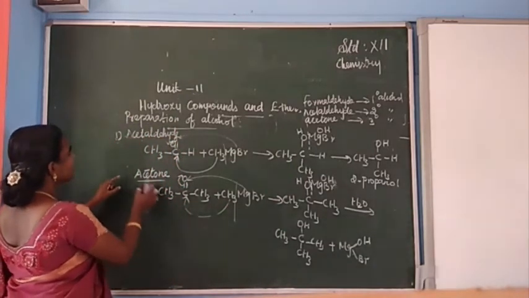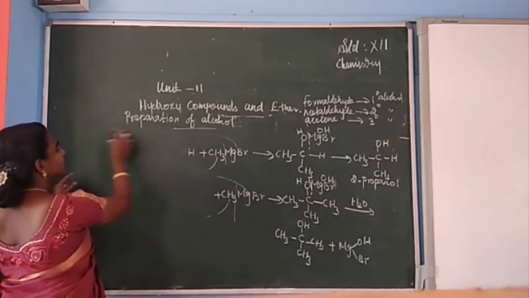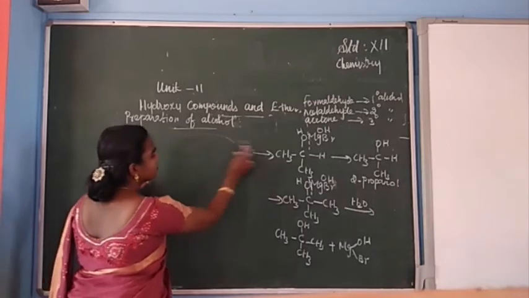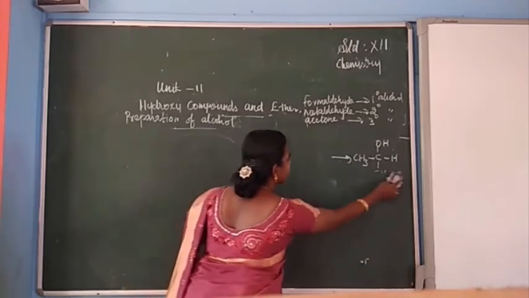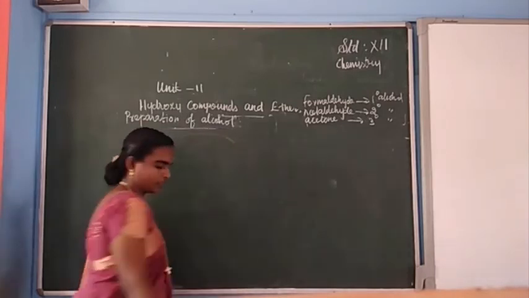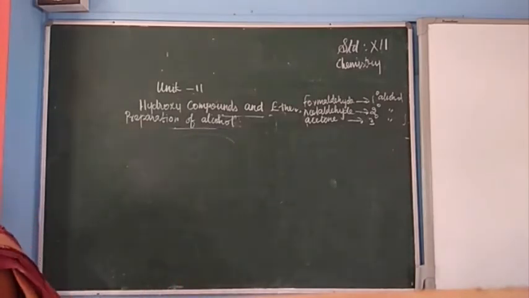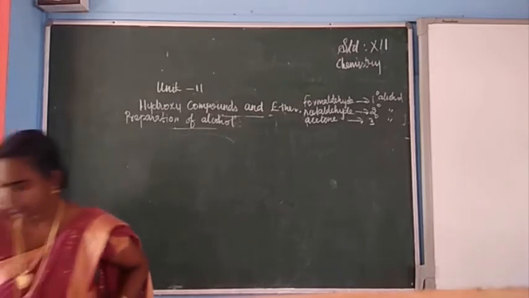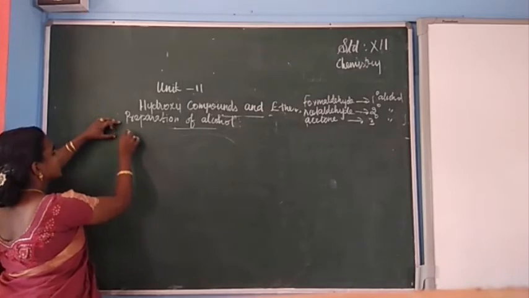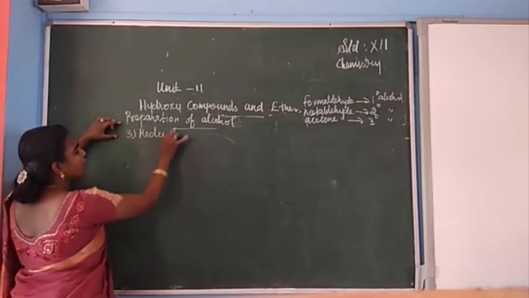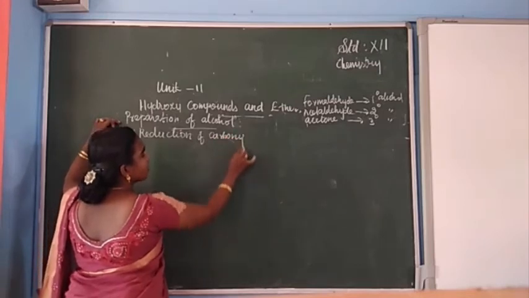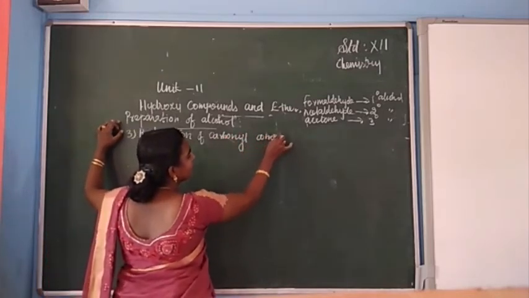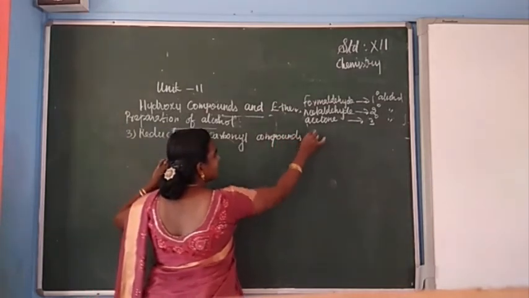Next we can see the next method of preparation of alcohol. The third method is reduction of carbonyl compounds or acids.